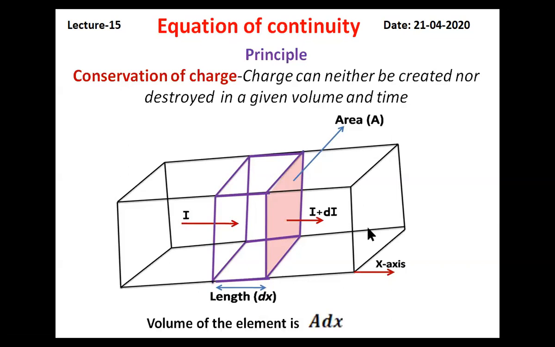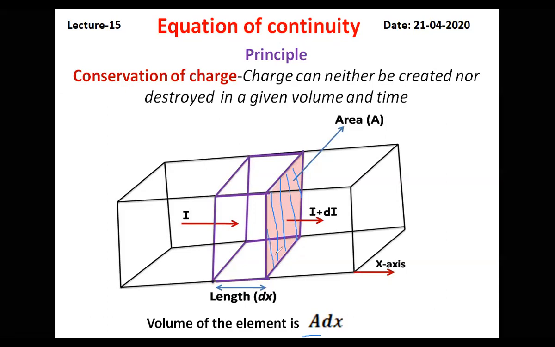Here A represents the area of the surface of the volume element, especially the side surface. The length of this particular volume element is dx and the area of the side surface is A, so the volume of this element is given by A into dx.